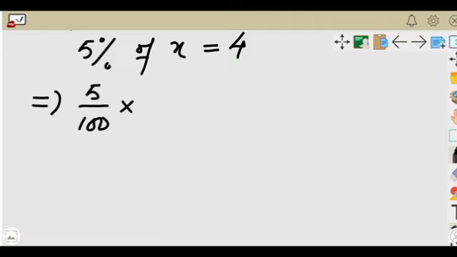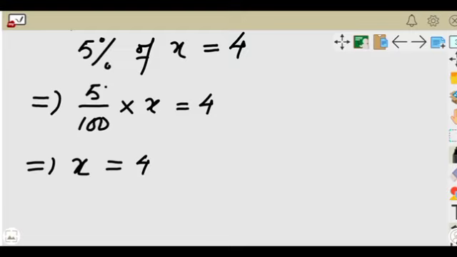Of means into, then here x, then equal to 4. So you can cancel 5 and 100, or else we can send 5 by 100 to the other side, and then only we can cancel. So let me do it that way. This x let me write first, then equal to 4. So our target is to send this 5 by 100 to the other side.